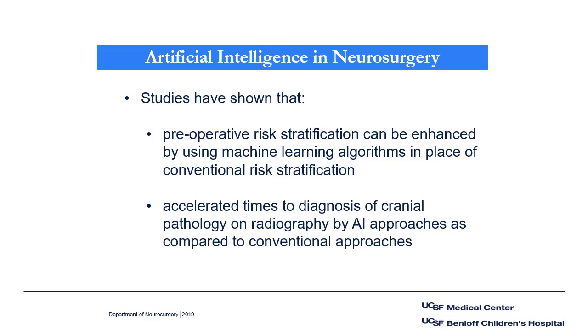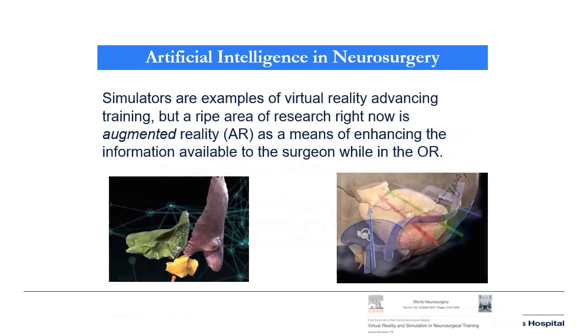Studies have also shown that preoperative risk stratification can be enhanced by using machine learning algorithms in place of conventional risk stratification, and that accelerated times to diagnosis of cranial pathology on radiography is achievable by AI approaches as compared to conventional approaches.